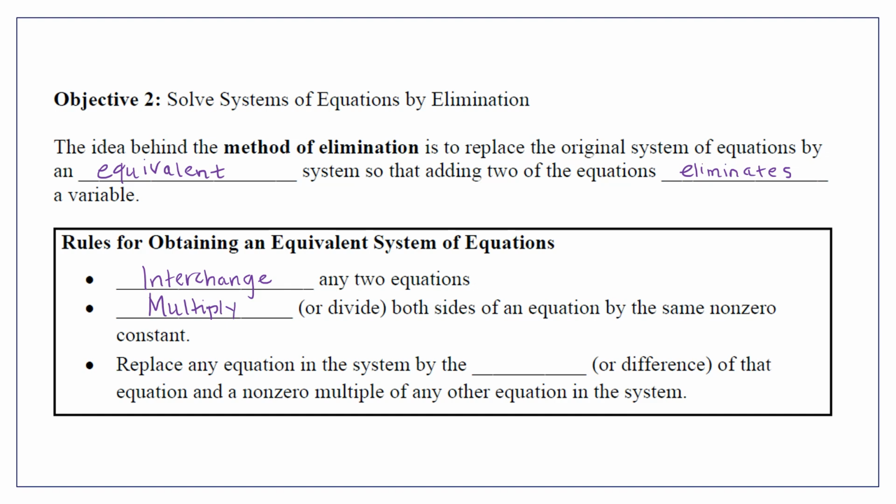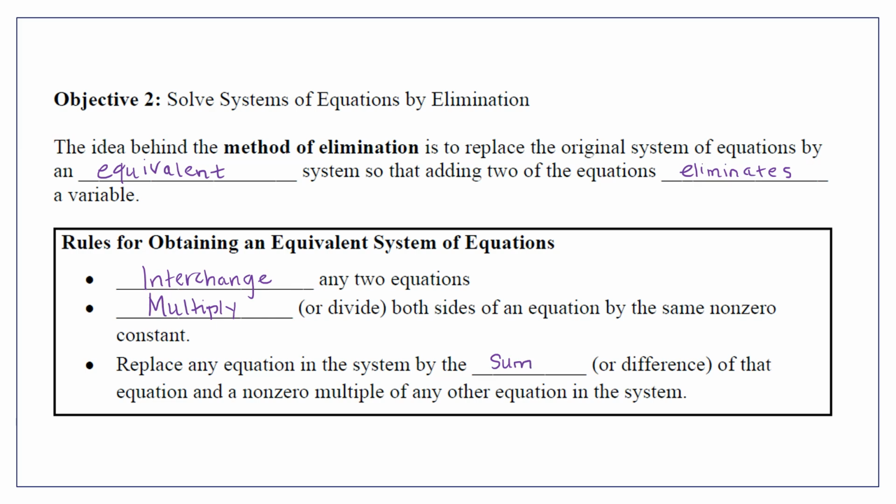And you want to do this because you want to get the coefficient of one of the variables to be opposite of the other. So that's the reason why you multiply both sides of an equation by the same non-zero constant, to eliminate one of the variables. And then the third rule is to replace any equation in the system by the sum or difference of that equation and a non-zero multiple of any other equation in the system.